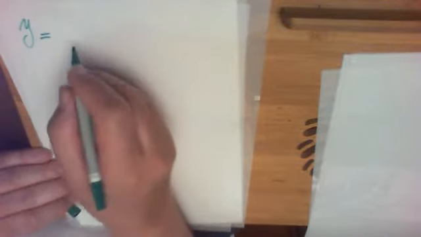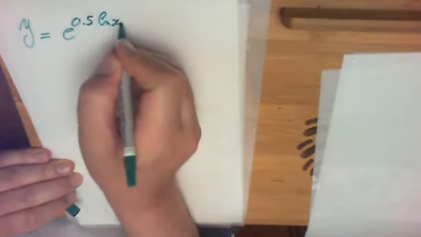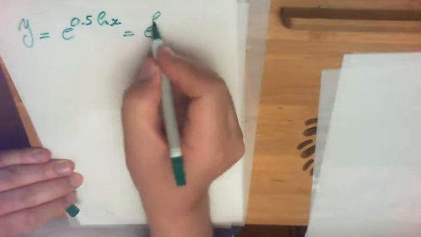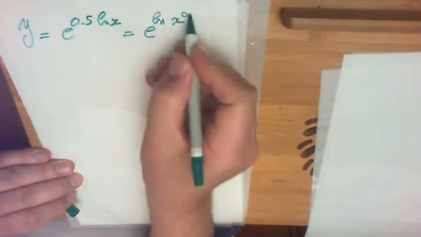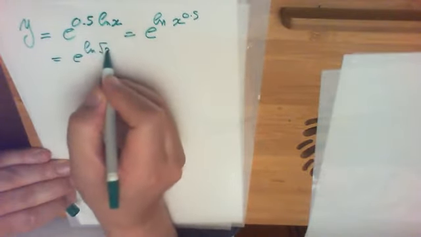First function we have to draw is y equals e to half ln x. Piece of cake. How? It is e to the ln x power half, or e to the ln root x.